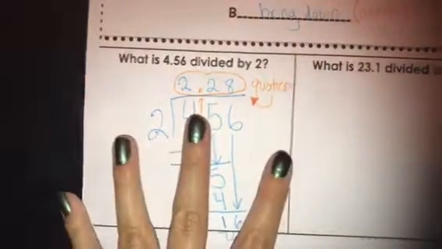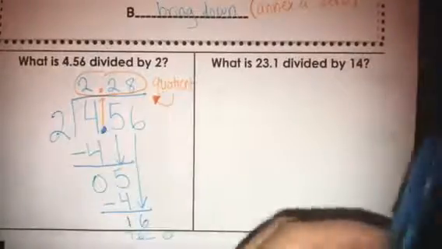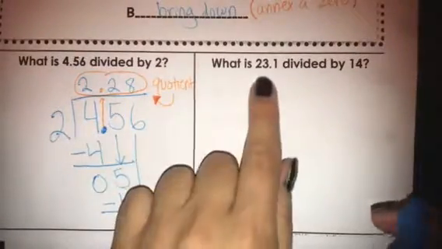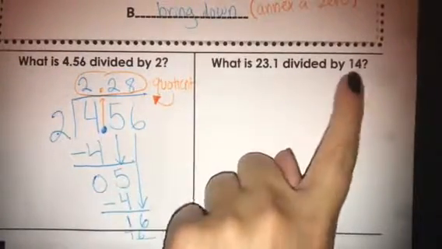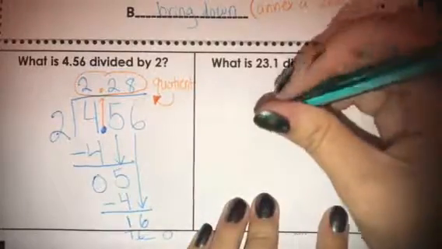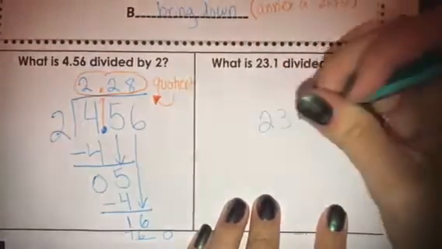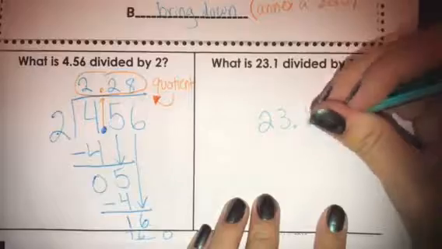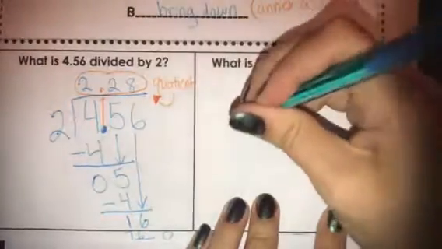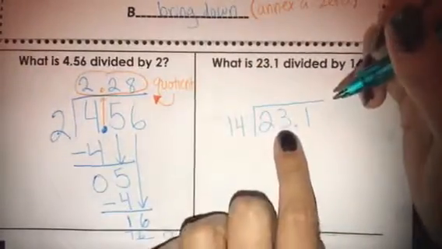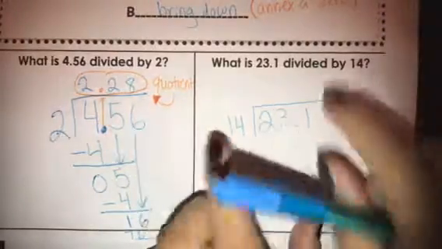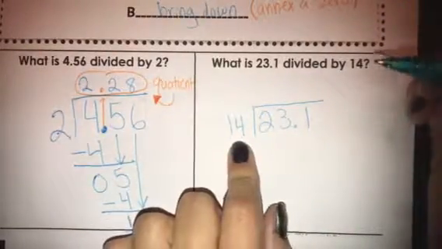All right, let's try one more before I have you working with a partner. What is 23.1 divided by 14? I'm going to set up my problem. My dividend has the decimal, that's the number in the house. My divisor on the outside does not.